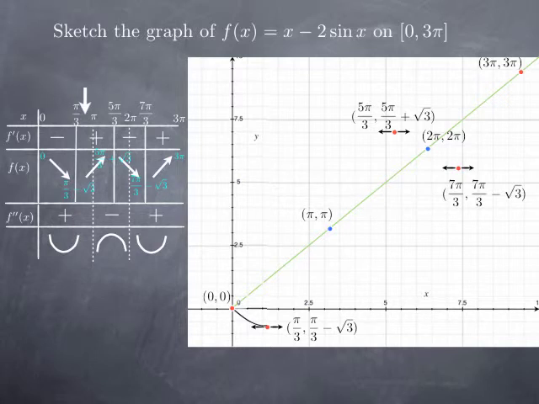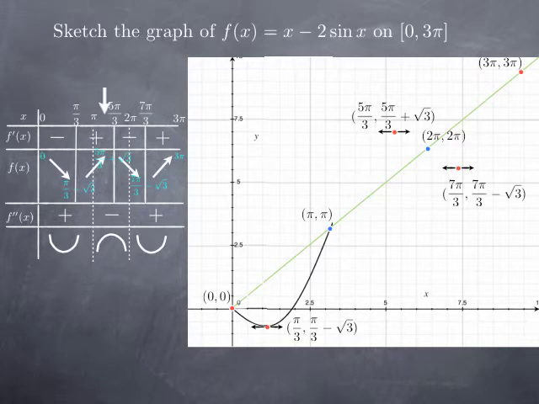Moving to the next interval from pi over 3 to pi, the function is now increasing but still concave up until I reach the first inflection point. So again, I join my first local minimum to the first inflection point in an increasing and concave up fashion, so I get something like that.